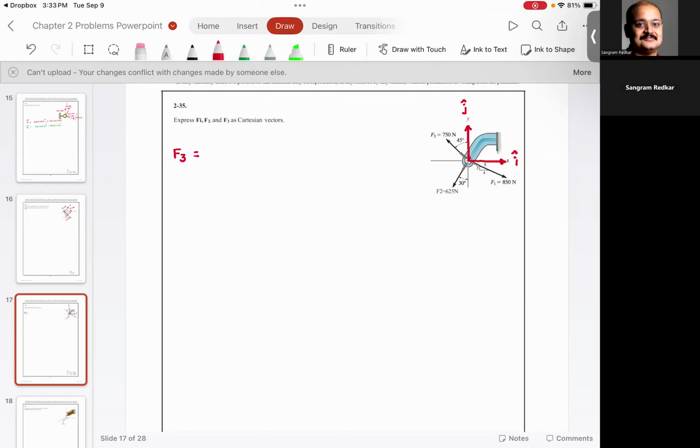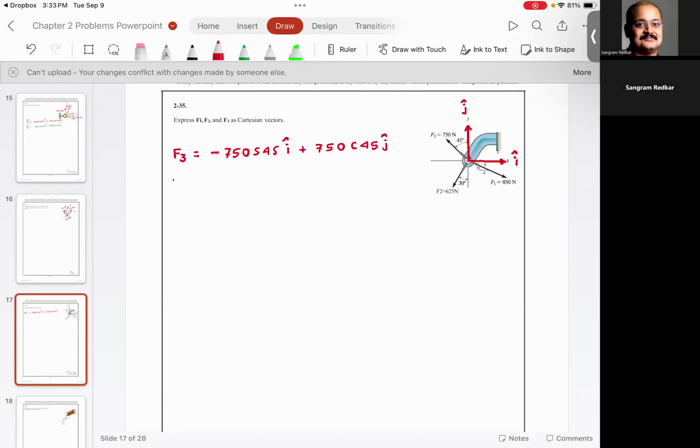What would be the I component of F3? By now you should be correct. Negative 750 sine 45. Don't forget the I. And plus 750 cosine 45 J.